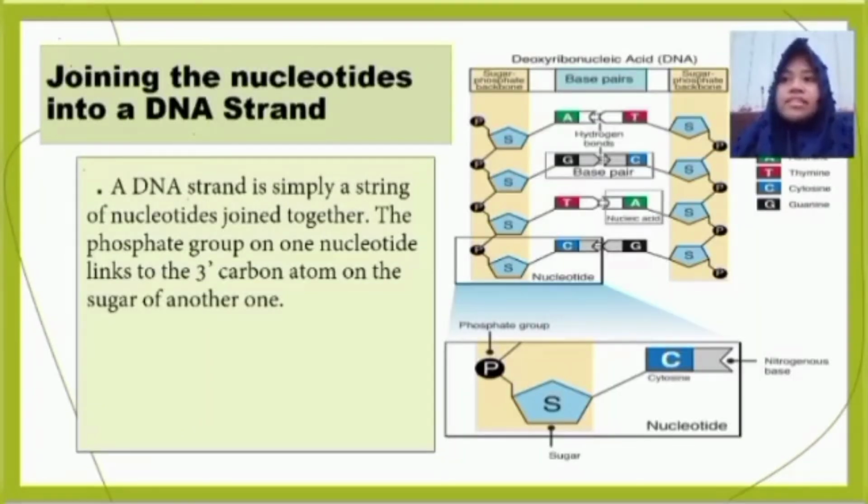Joining the nucleotides into a DNA strand. A DNA strand is simply a string of nucleotides joined together. The phosphate group on one nucleotide links to the 3-carbon atom on the sugar of another one. As you can see in the picture, every DNA strand consists of nucleotides.